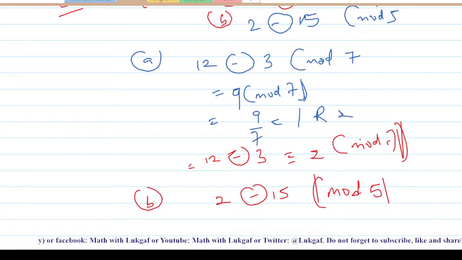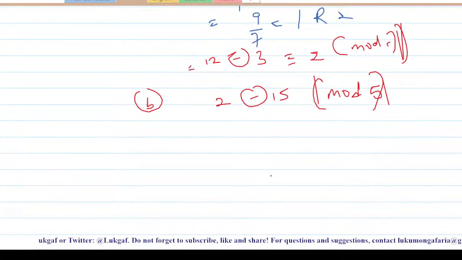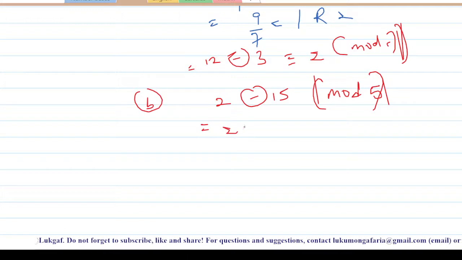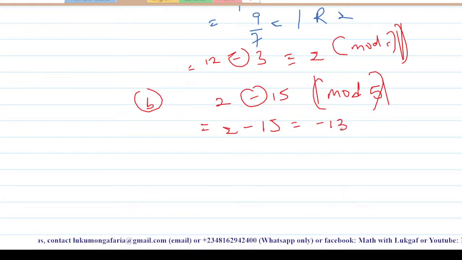We have to operate in modulo 5. So if we are to operate in modulo 5, you say 2 minus 15. And 2 minus 15 will give you minus 13. And don't forget you are working in modulo 5.